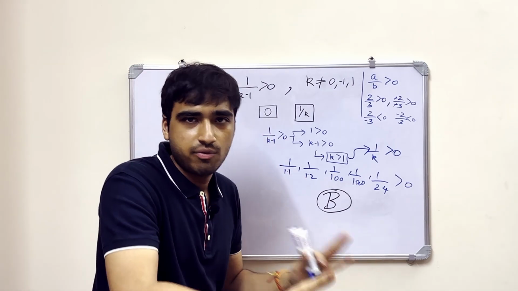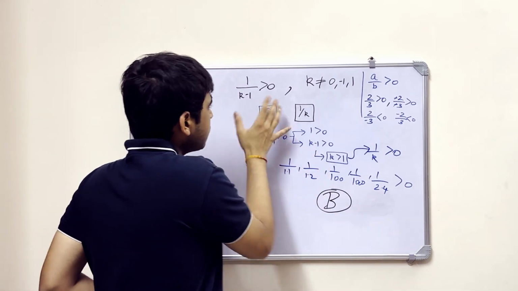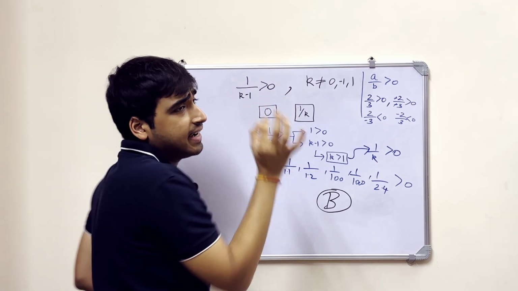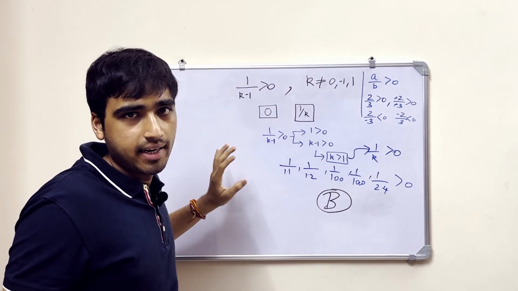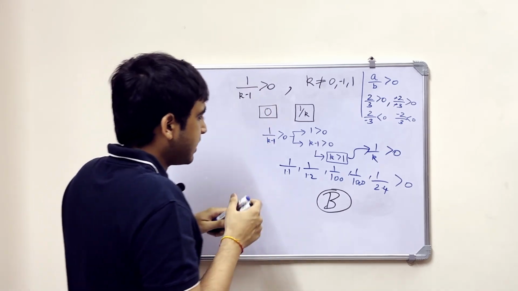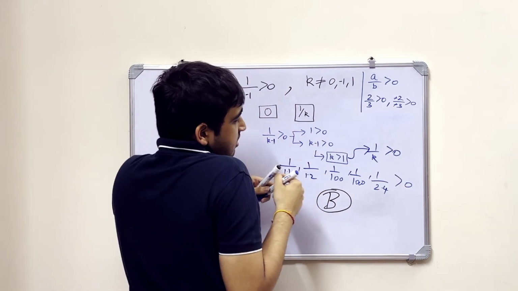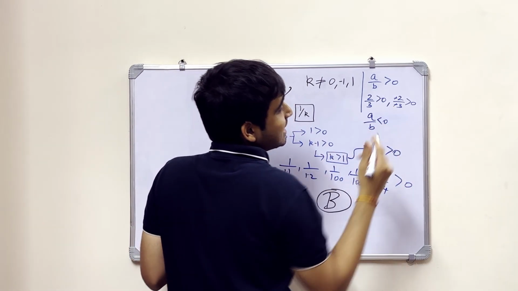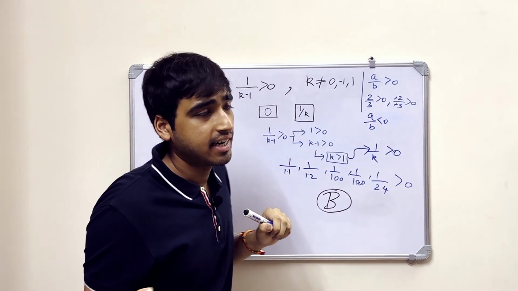You can skip it if you want, if you've understood, or you can fast forward it, whatever you want. If there is a numerator and a denominator which is greater than 0, that means either both are positive or both are negative, right? If this is less than 0, for example, if there is some number a by b which is less than 0, that means one is positive and the other is negative.